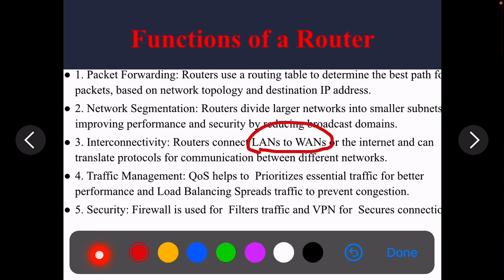So it is used for connecting two networks. The second thing is protocol translation. Some routers perform protocol translation to enable communication between networks using different protocols. They need different protocols to communicate between two different networks. So interconnectivity means it connects different networks like LAN and WAN, and there are some protocols which are used for communicating with different networks.